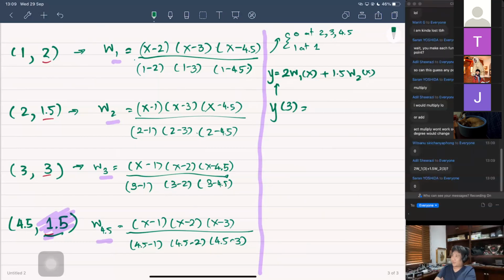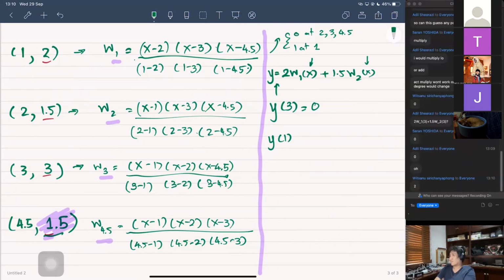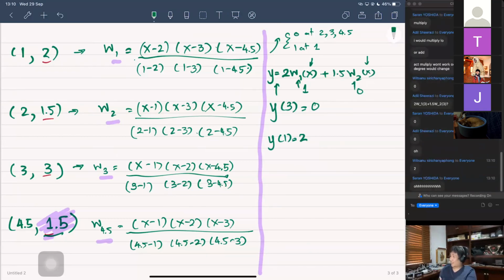It's going to be 0, right? Very good. Because W1 at 3 is guaranteed to be 0, and W2 at 3 is guaranteed to be 0. Now you see, there's some magic going on. What is the value of y of 1? It's exactly 2, because y of 1 is guaranteed to have this term be 1 and this term be 0. So y of 1 attains the correct value.